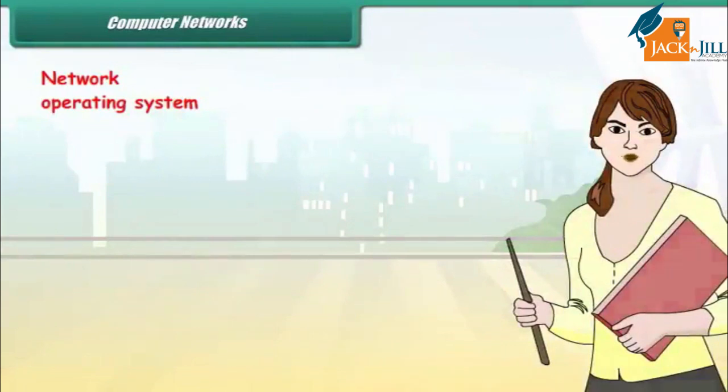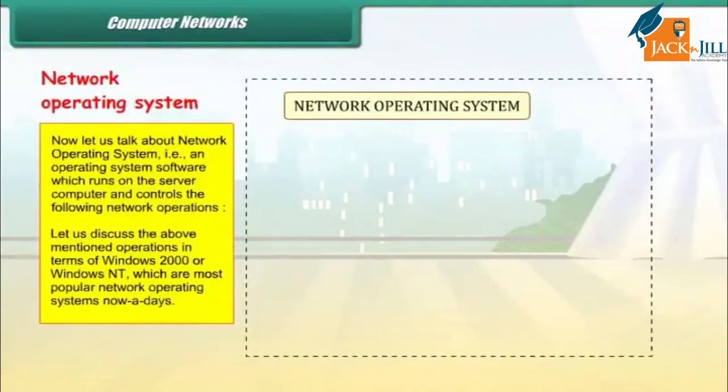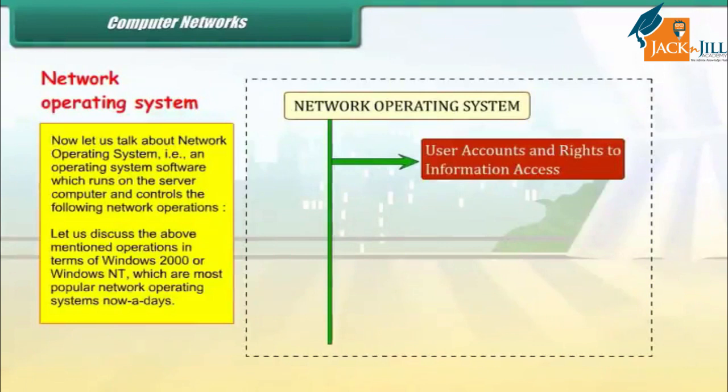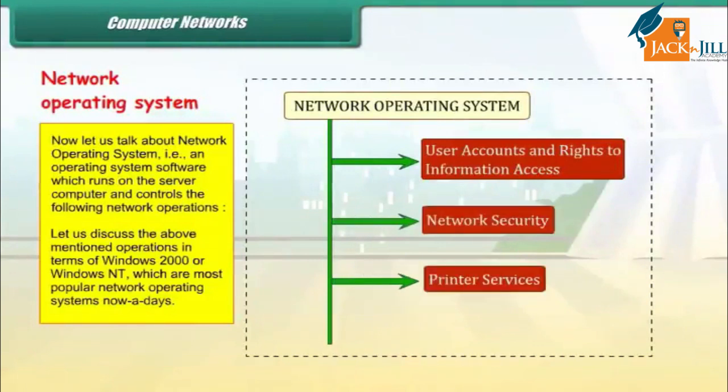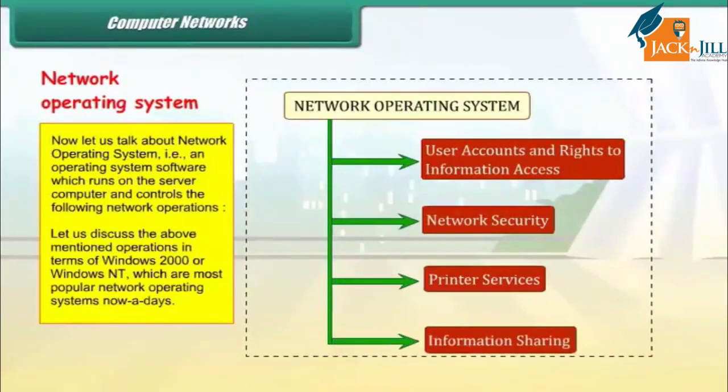Network Operating System. Now let us talk about Network Operating System, that is, an operating system software which runs on the server computer and controls the following network operations: user accounts and rights to information access, network security, printer services, information sharing.